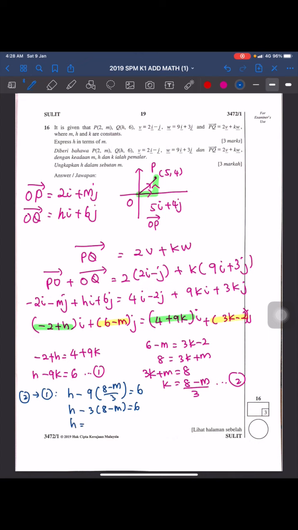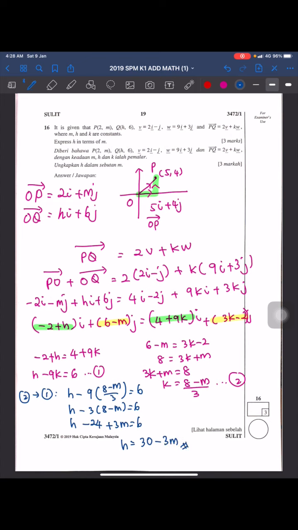So, h minus 24 plus 3m equals to 6. Kita nak h in terms of m. So, h is equals to 24 minus 3m plus 6, jadi 30 minus 3m.